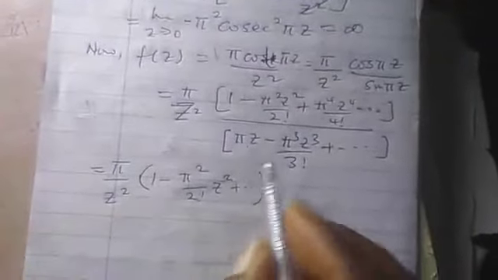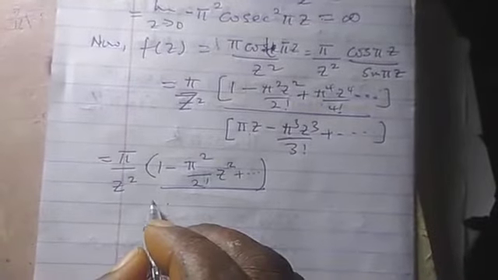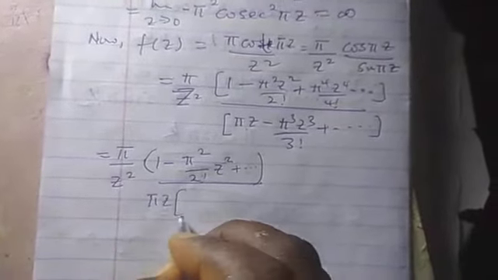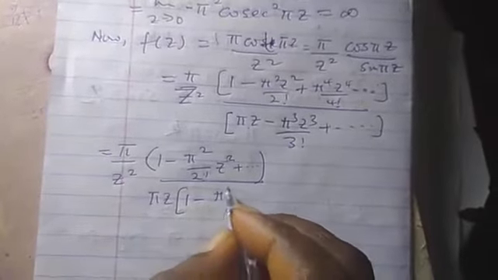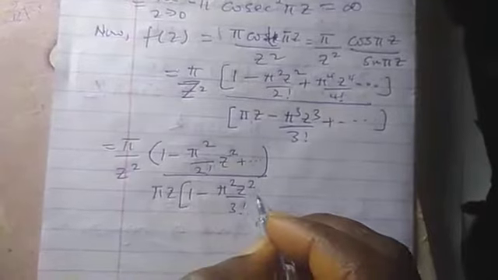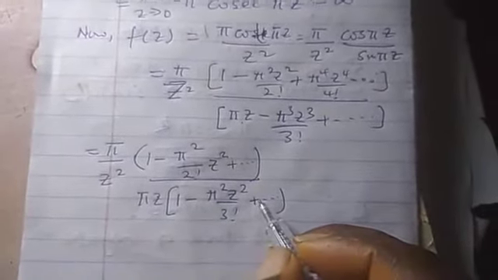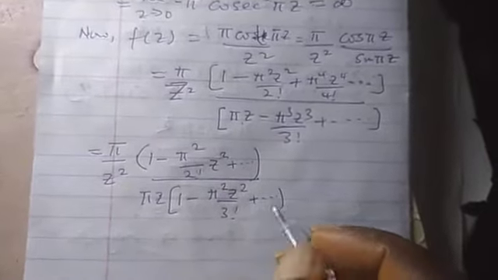Don't forget, this pi z is common to all of this. I can bring it out, so that it becomes pi z times 1 minus pi squared z squared over 3 factorial plus infinity. The next one will have pi raised to power 4 z raised to power 4 over 5 factorial.